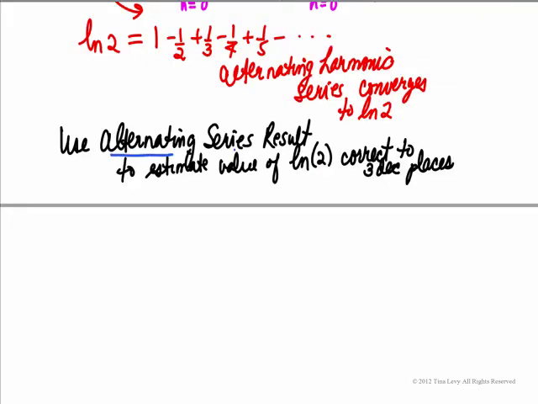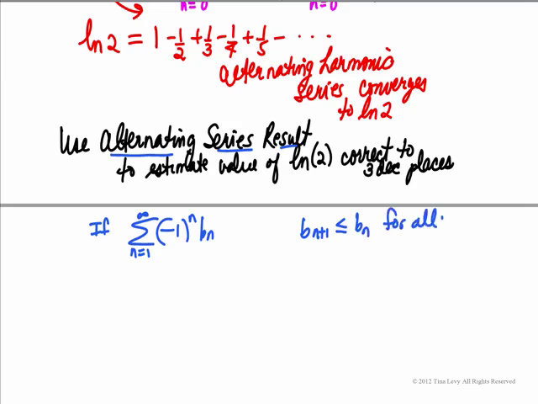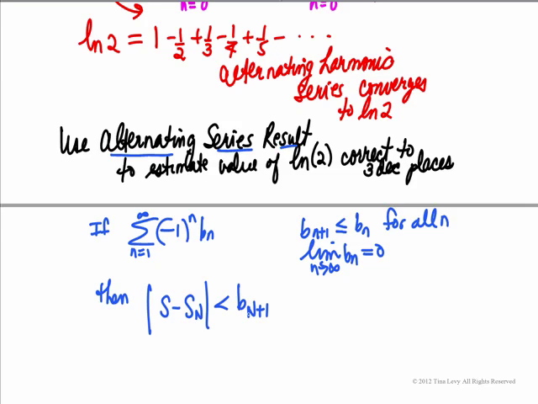This alternating series result says if we have the alternating series, n goes from 1 to infinity, b sub n, and b sub n plus 1 is less than or equal to b sub n for all n, and the limit as n approaches infinity of b sub n is 0, then the alternating series result says the difference between the nth partial sum and the limit s is less than the very next term in that alternating series.